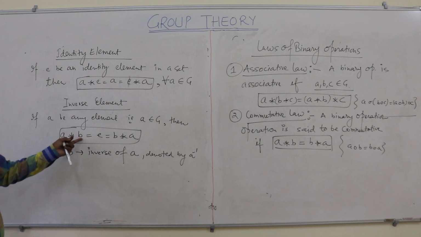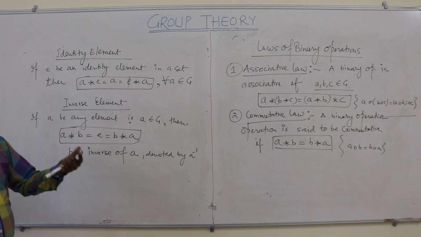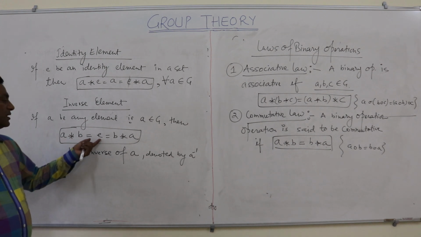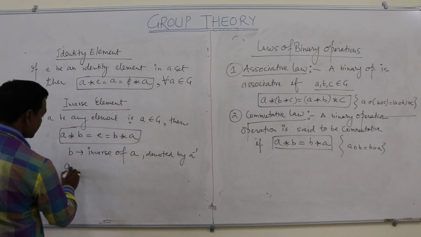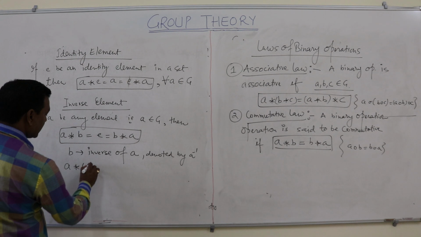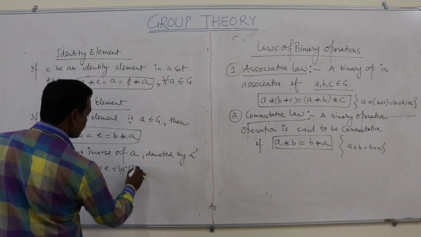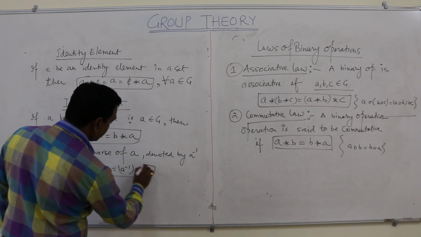Then a multiply a inverse equals e equals a inverse multiply a. So this is the inverse property.